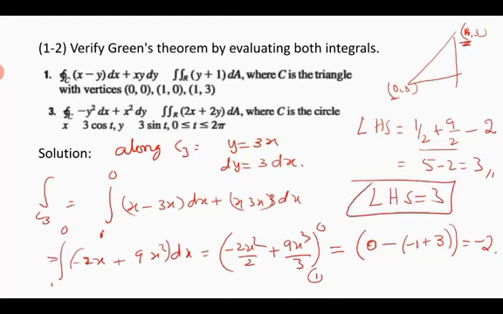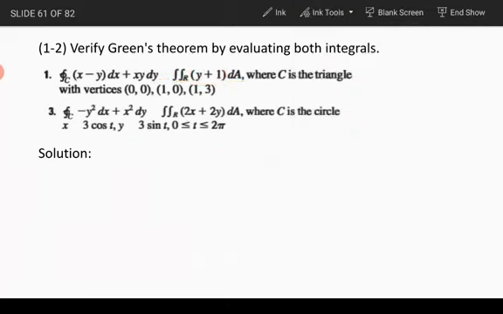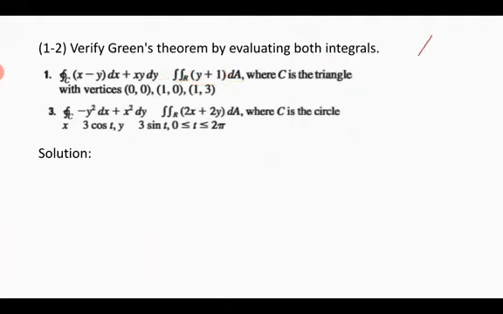Now we have to verify the right hand side, only the right hand side this time. We have verified the left hand side, this one is q x minus p y. Now let's do the right hand side. And remember the same triangle, 0 0, 1 0, 1 3, isn't it?